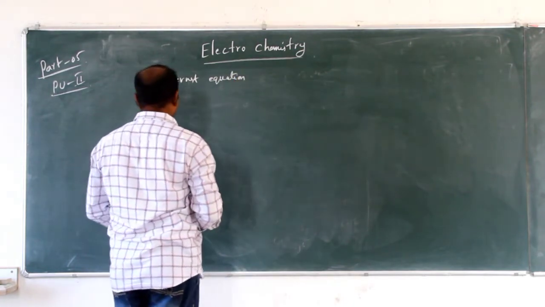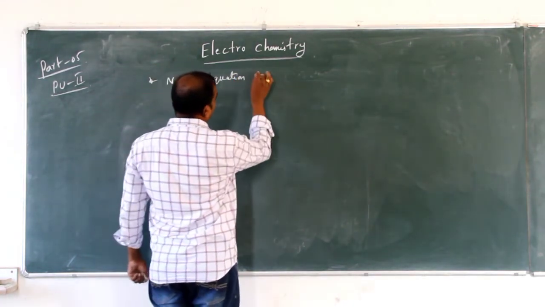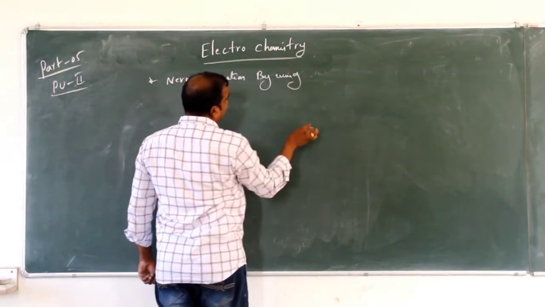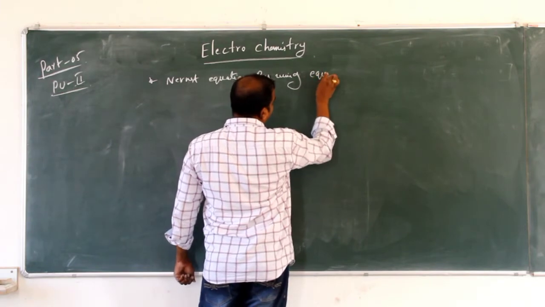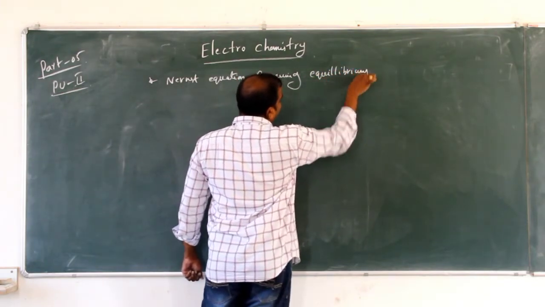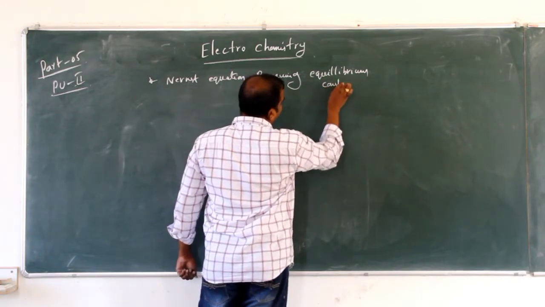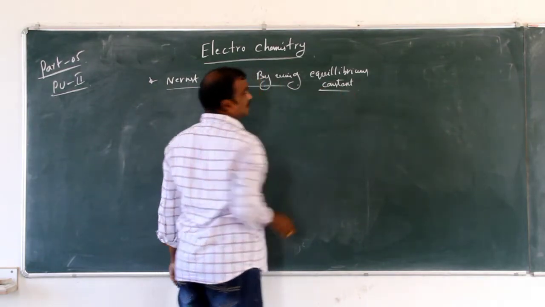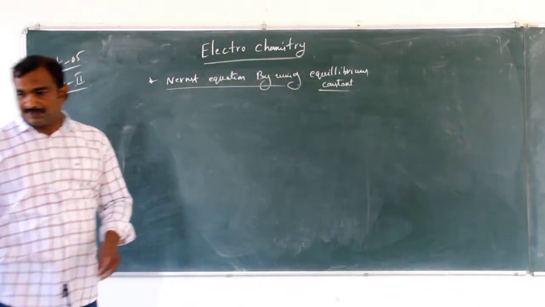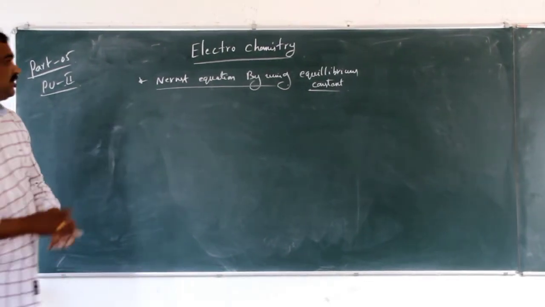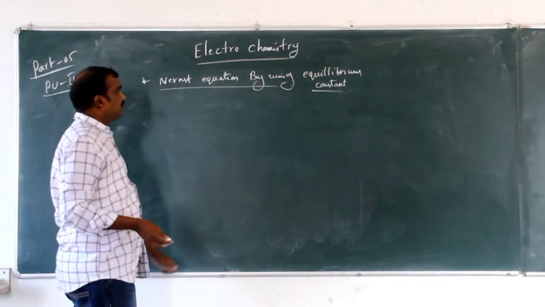The Nernst equation by using the equilibrium constant. Here we are writing the Nernst equation by using the equilibrium constant.